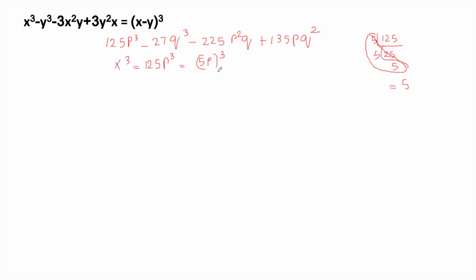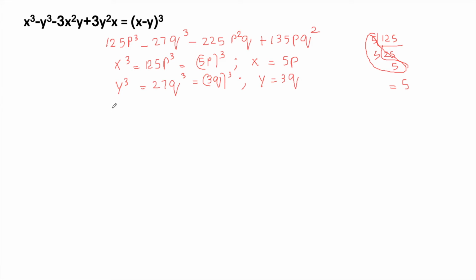In this way we are getting the cube root here, 5p the whole cube. Then x is 5p. And y cube, here it is 27q cube, that means 3q the whole cube. So y here is 3q.